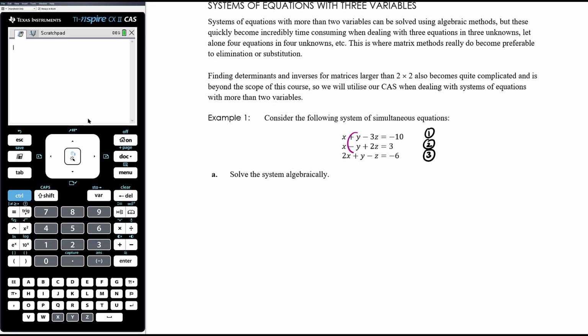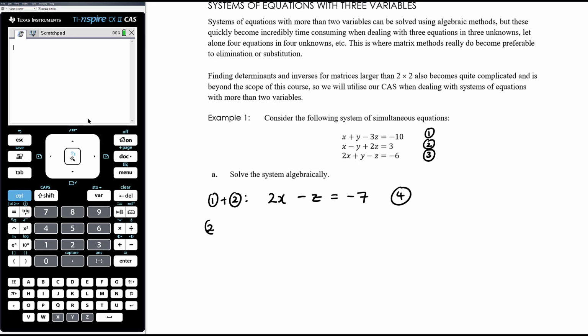If I add equations 1 and 2, that will eliminate y. Okay, so I'm going to do equation 1 plus equation 2, and I'm going to get 2x, y plus negative y eliminates y, and then we've got negative 3z plus 2z, and so that is negative z, negative 10 plus 3 is negative 7. Okay, so that's a new equation. Let's call that equation 4.